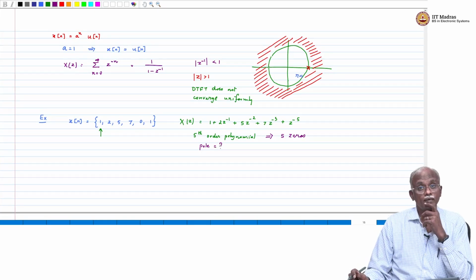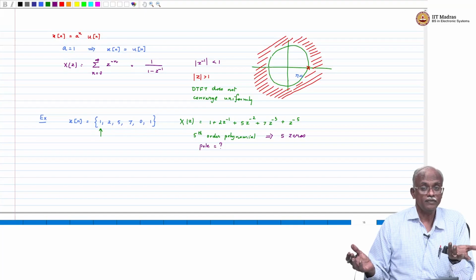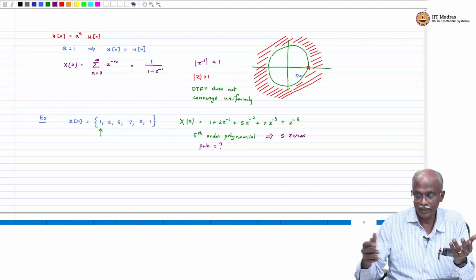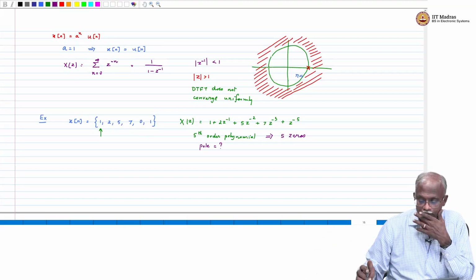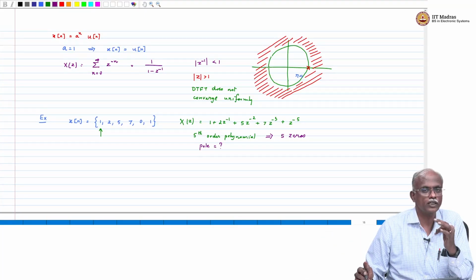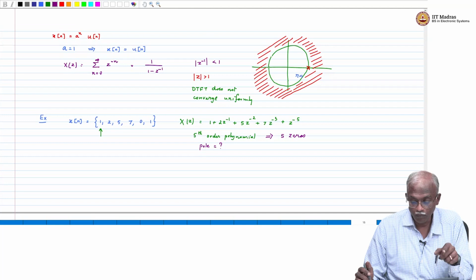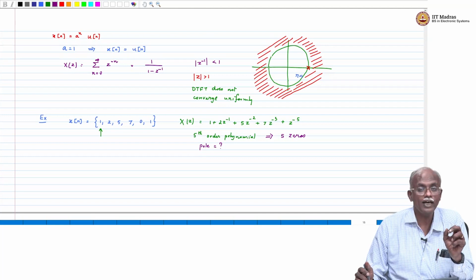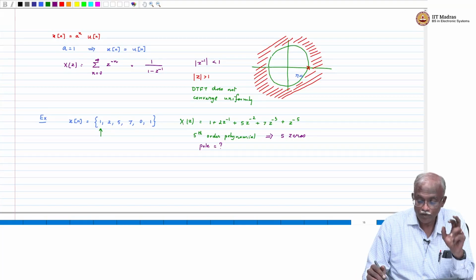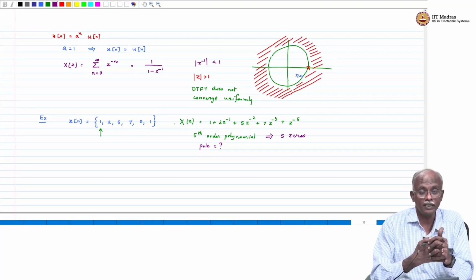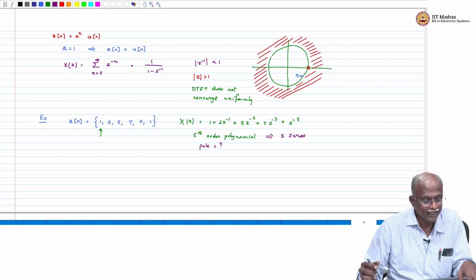transfer function? There is no denominator, right, because we have just written down a finite length sequence in terms of the Z transform. So, there are no zeros of the denominator, but the question is, are there values of Z for which the transfer function or the Z transform will go to infinity?